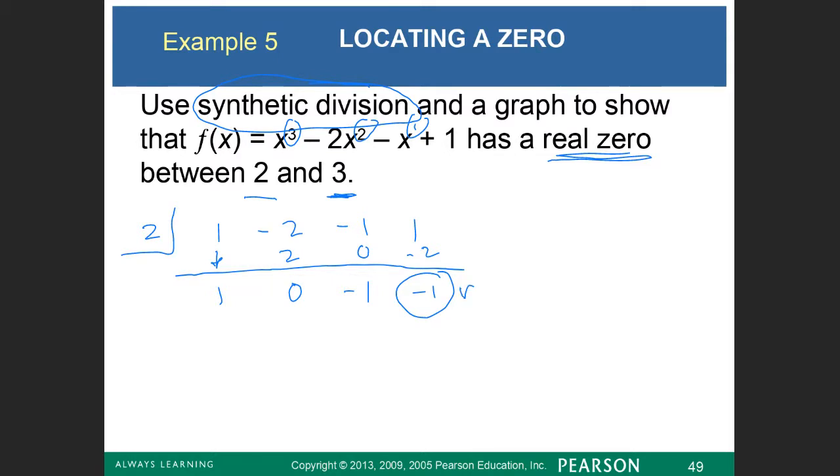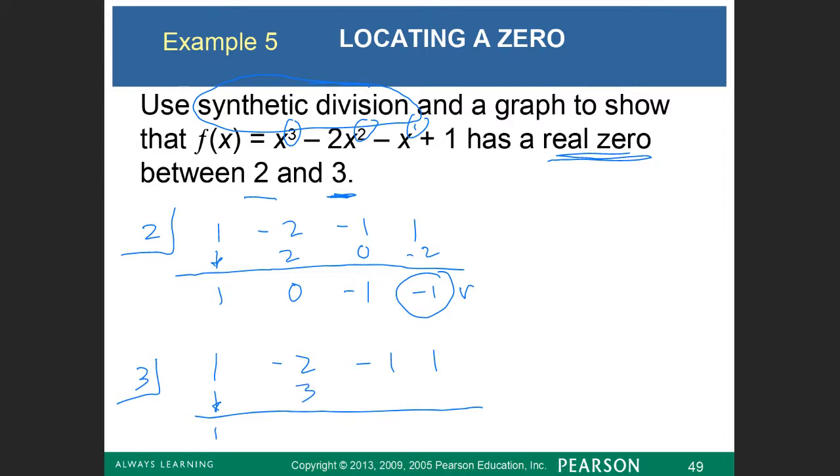And then we will test 3 as our k and use the same f of x, and do the same thing as we did in the first part of the solution. So bring 1 down. 1 times 3 would be 3.